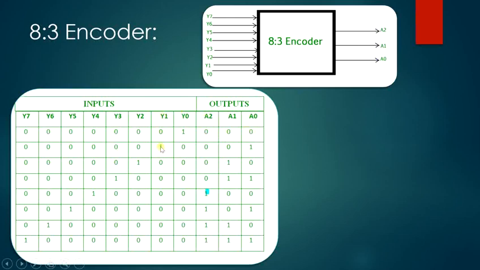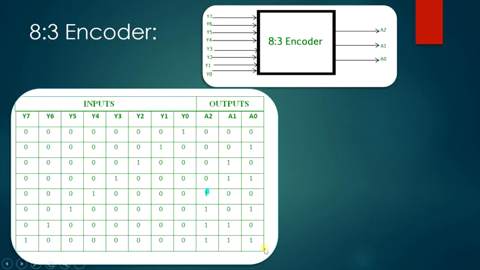When Y1 is equal to 1, output is 0, 0, 1. When Y2 is equal to 1, output is 0, 1, 0. When Y3 is equal to 1, output is 0, 1, 1. Y4 1 0 0, Y5 1 0 1, Y6 1 1 0 and Y7 as 1 1 1.